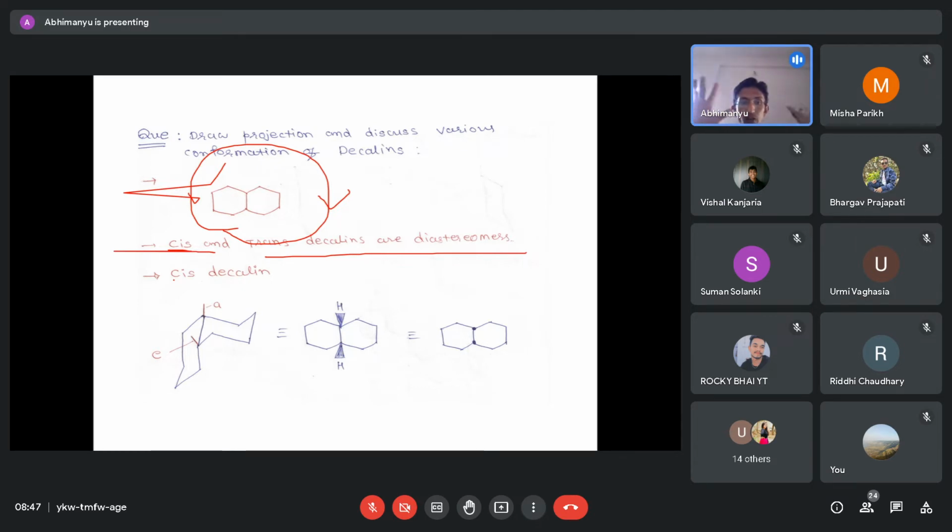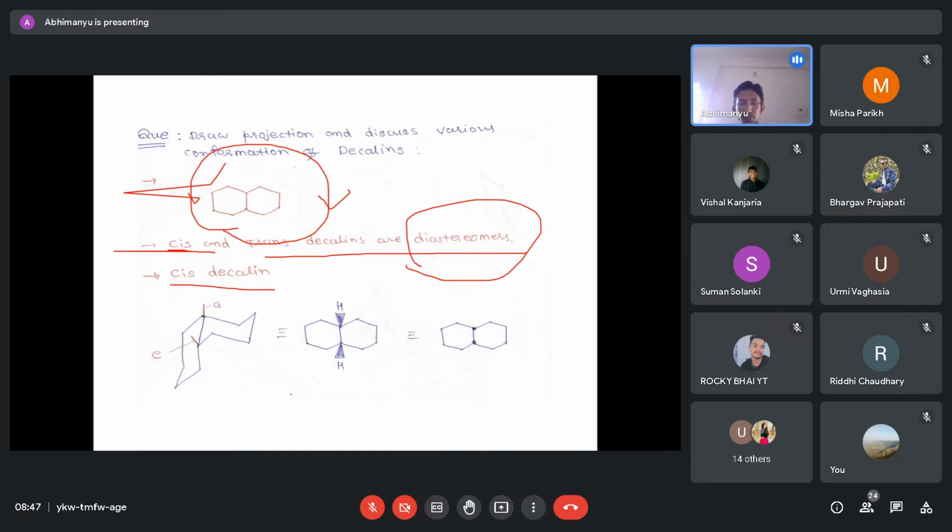But stereoisomers which are not mirror images are diastereomers. So the molecular formula is the same, but these are not mirror images. So first we will learn about cis decalin.